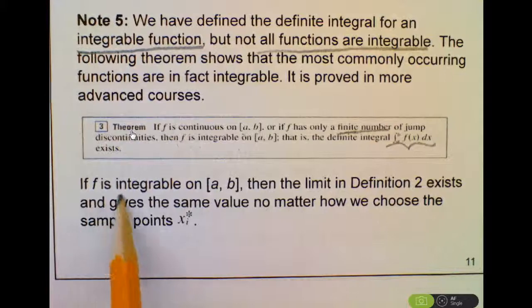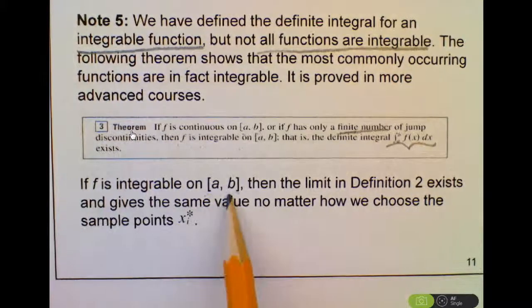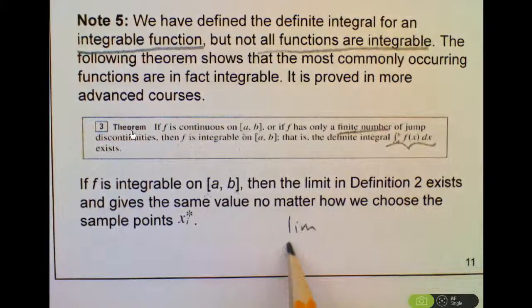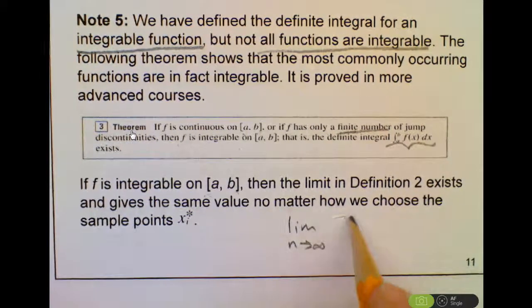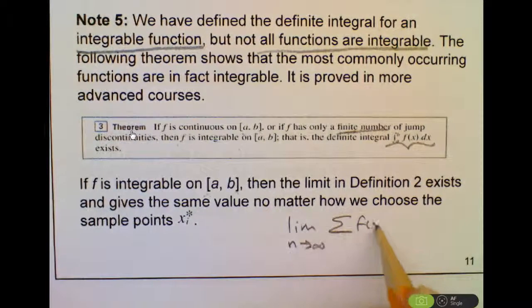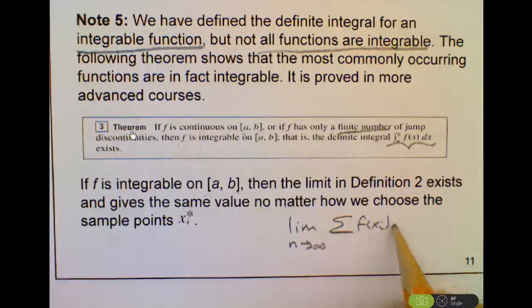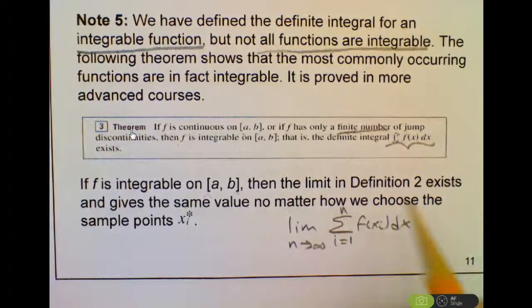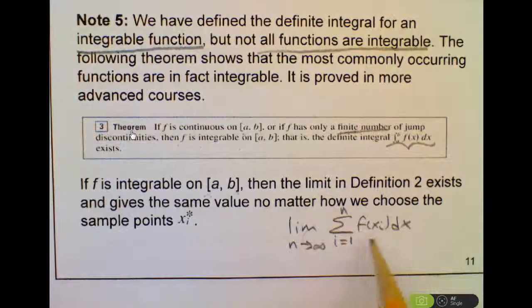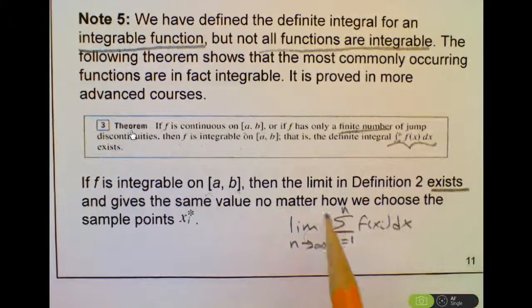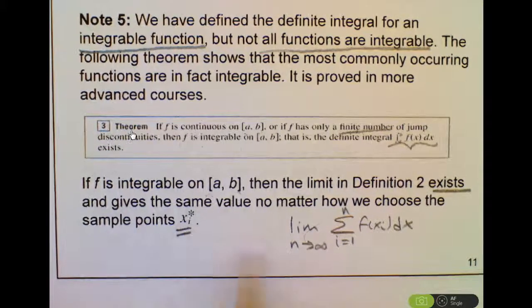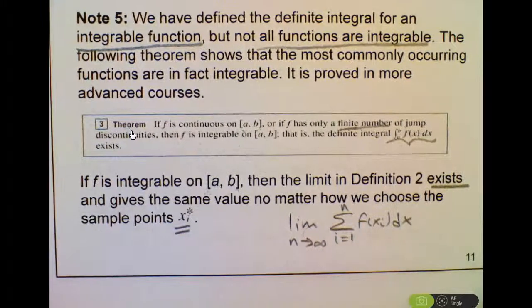So it says if f is integrable in a closed interval, then the limit, remember that limit that we have, as n approaches infinity of the sum of all of the little rectangles for i equals 1 to n, actually exists, and it doesn't matter the way that we choose the sample point inside each interval.